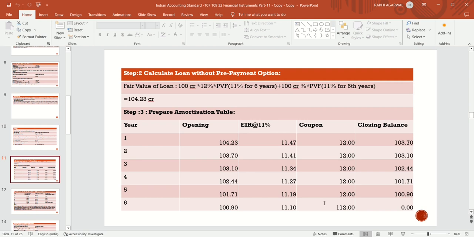Coupon is 12 crores, and the closing balance becomes 103.10 crores. In the same way we prepare the amortization table up to the 6th year, where it should be paid in full, that is 112 crores, and the closing balance becomes nil.